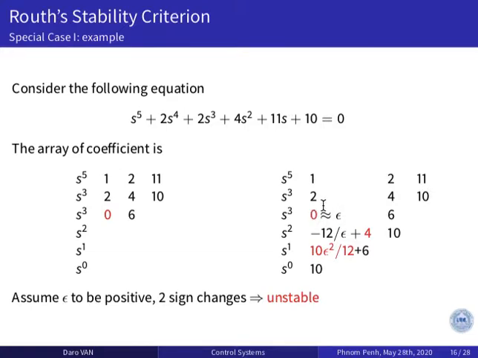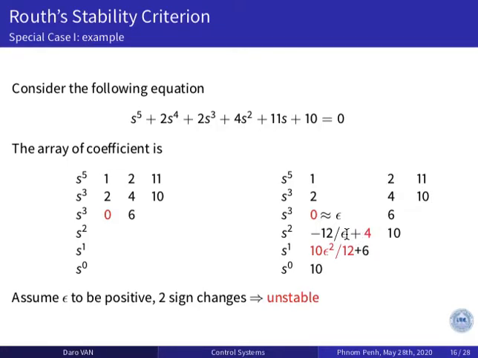After replacing this 0 by epsilon, you can continue the calculation. For example, in this case, the result is minus 12 over epsilon plus 4.